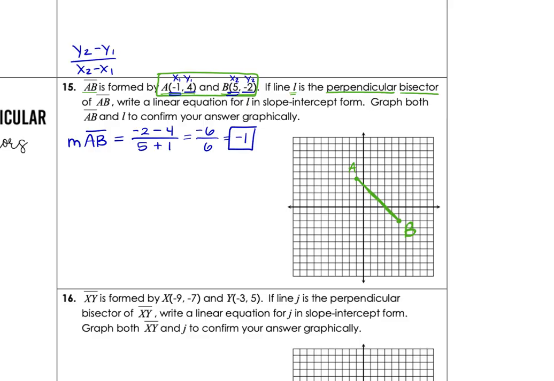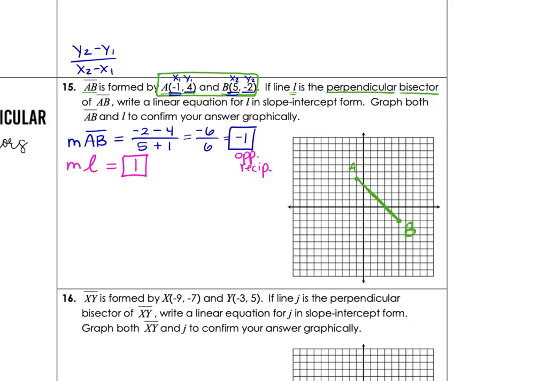What does that mean for the slope of line L? The line we're trying to get. It's going to be a positive one. We need the opposite reciprocal of AB's slope. Okay, so if AB has a slope of -1, the opposite reciprocal is a positive 1. So the slope of line L is 1.